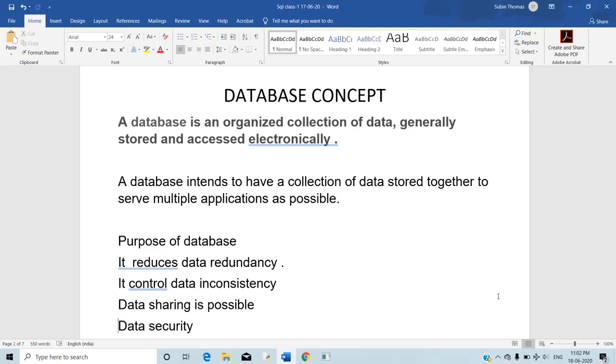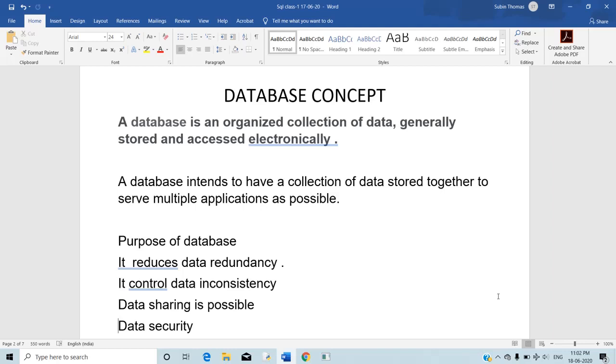That means the same data is stored in two different places, you make changes in one place, and the old data is available in the other place. So there is an inconsistency. Here, if you are using a database, the data is stored in a single location.